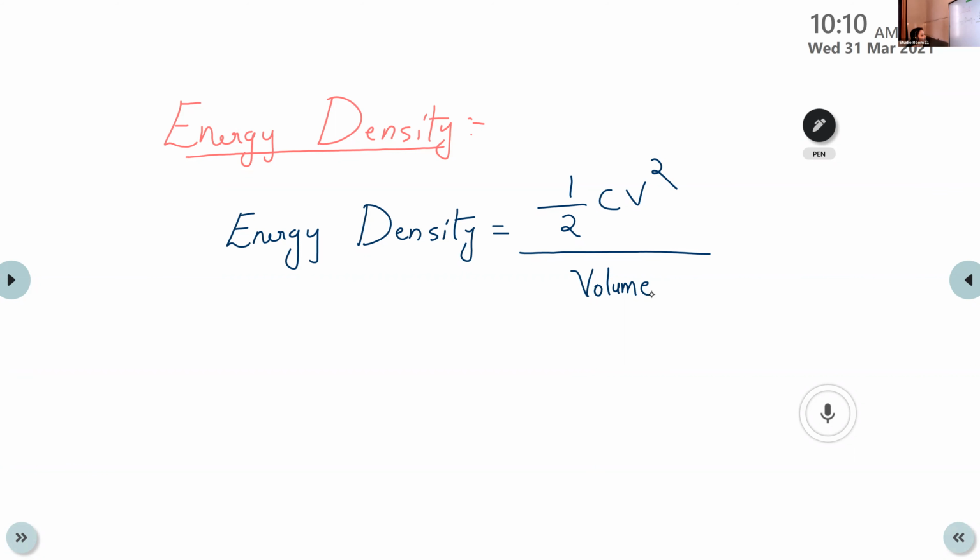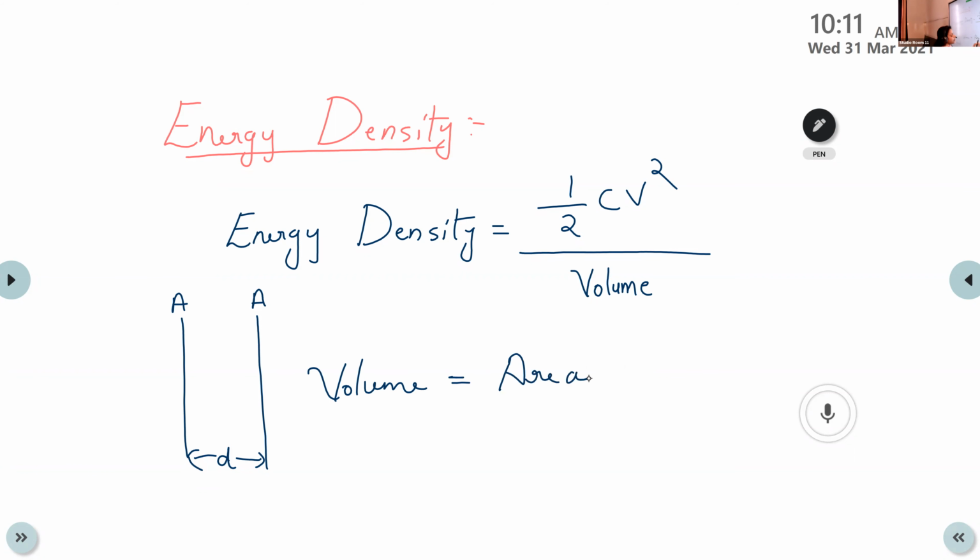Now consider a capacitor, both plates having the area of cross section A, and the distance of separation between them is D. Then the volume of a capacitor is given by area into distance, area of cross section into distance.